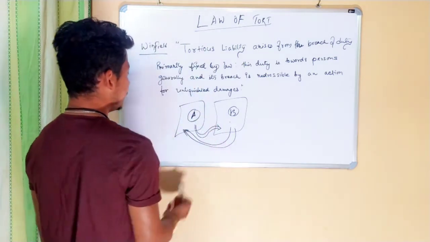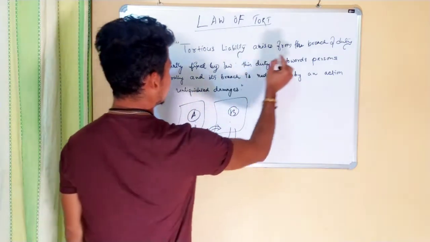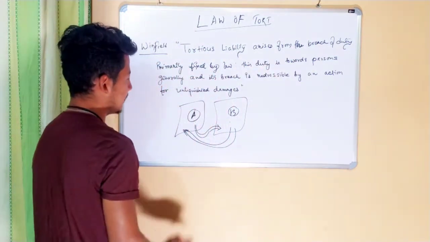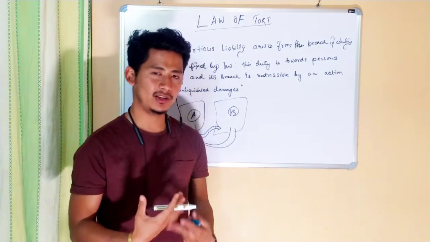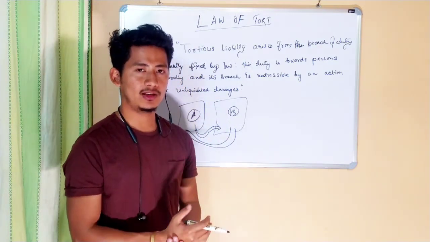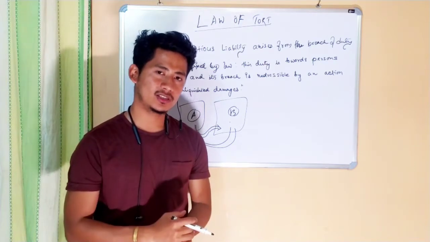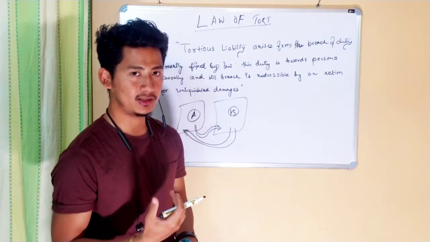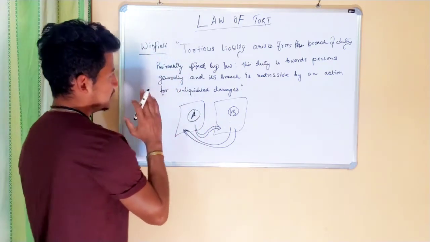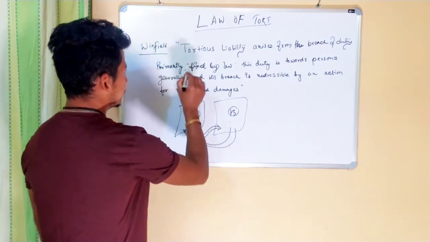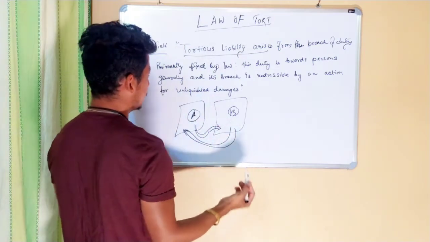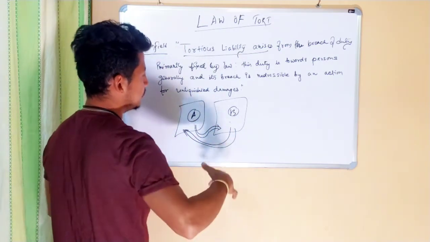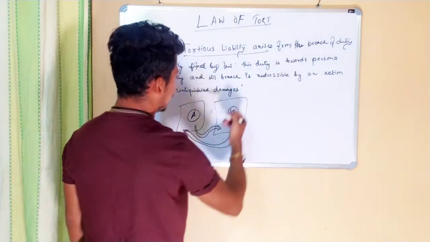So that is what it is saying here, that it is a breach of duty primarily fixed by law. I have a right of respect, and that is already fixed by law. No one can come and disrespect me or defame me publicly. So tortious liability, the liability for the wrong of tort, arises for the breach of duty.